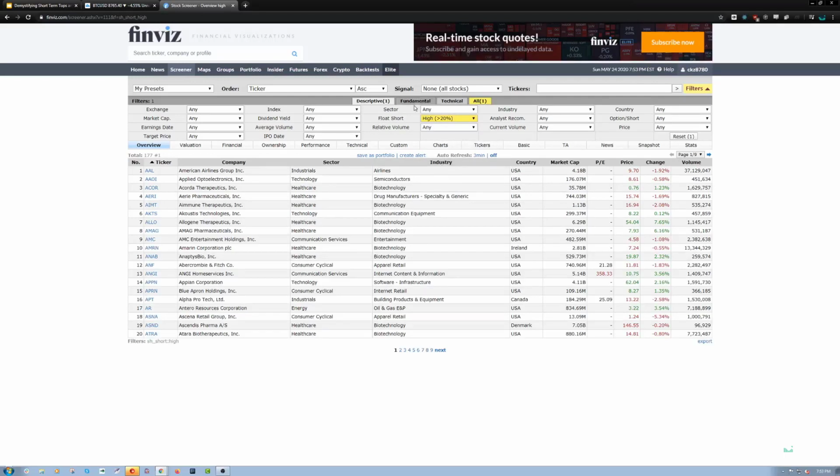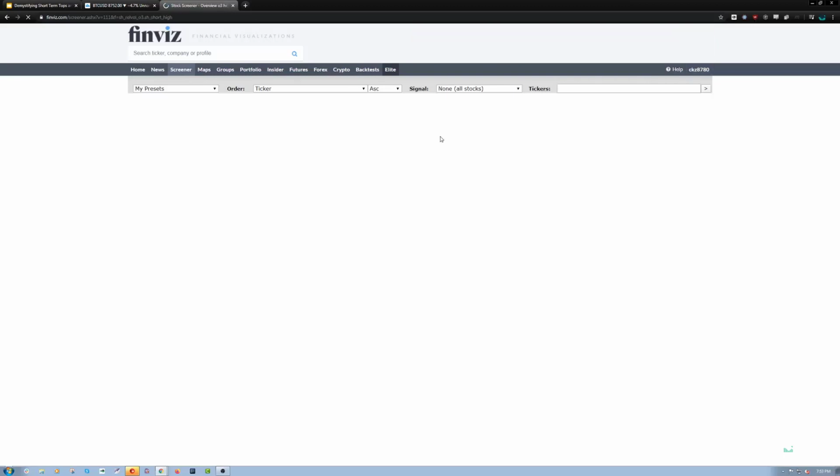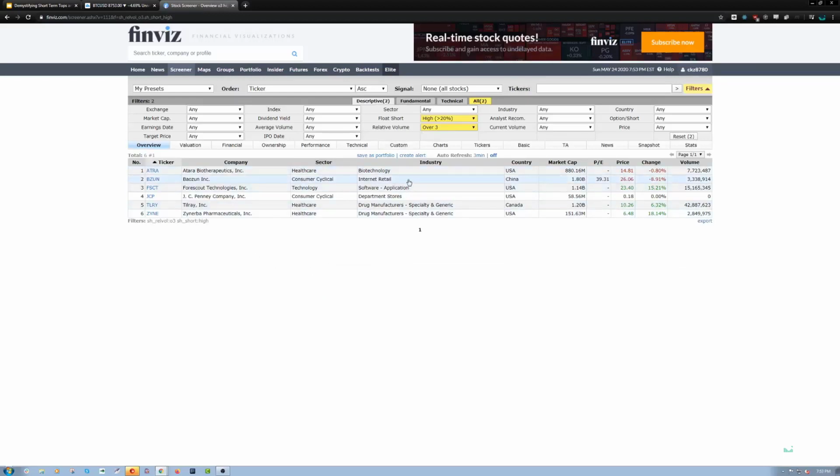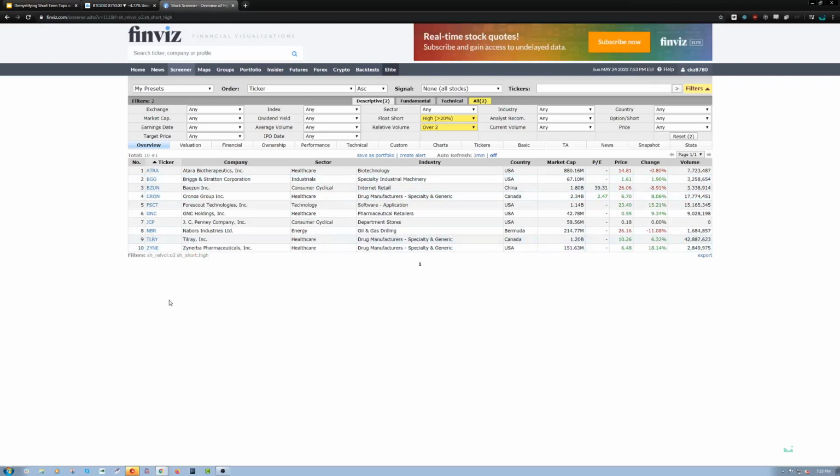What that basically means is that more than 20% of the publicly available shares are held short, and that tends to cause big upward moves when the stock gets positive news. So I really like that one. I also like combining that with high relative volume, like more than 3 times average volume, for example, or more than 2 if there's not enough ideas.